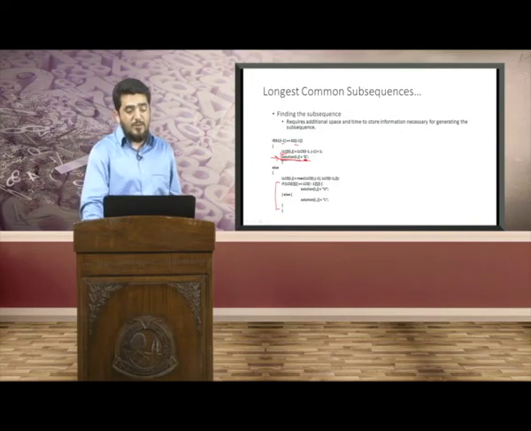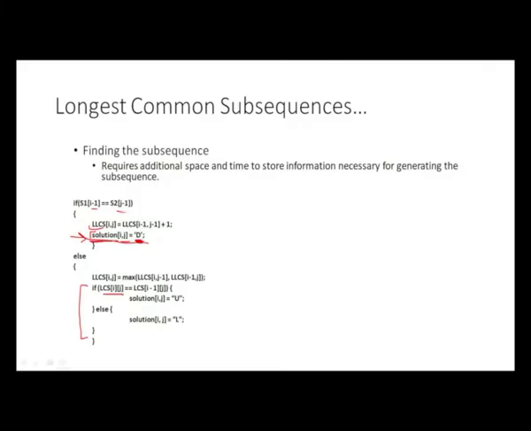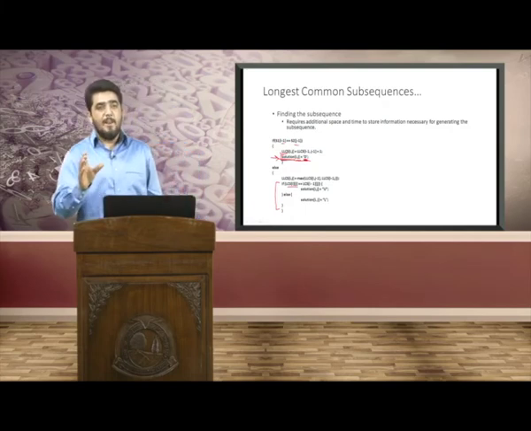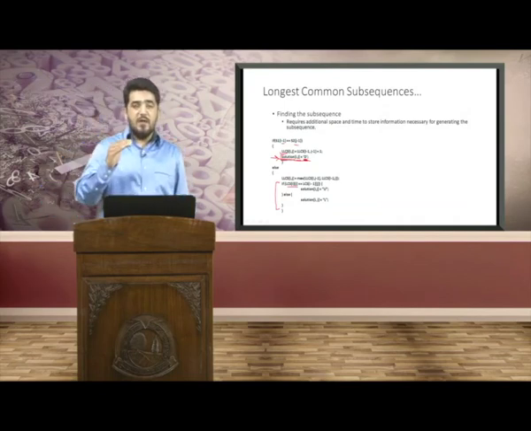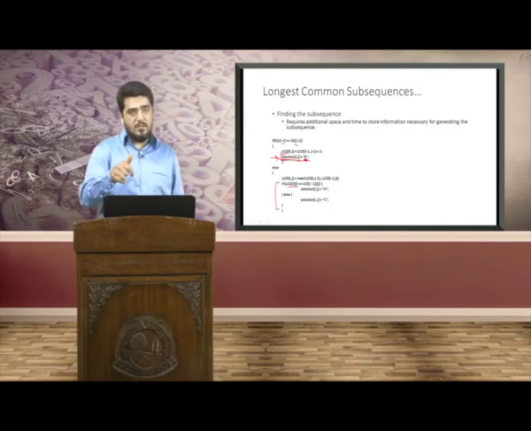Now in case these two characters pointed by i and j do not match, then if the LLCS of i comma j is equal to LLCS of i minus 1 comma j, so considering the first string minus the last character and the second string as it is, it means we have considered the top cell in the current scenario to generate the value for LLCS for the current i and j index.